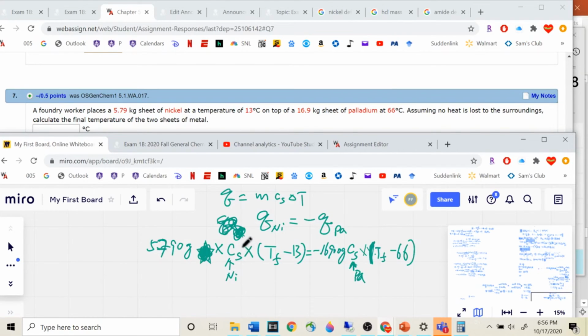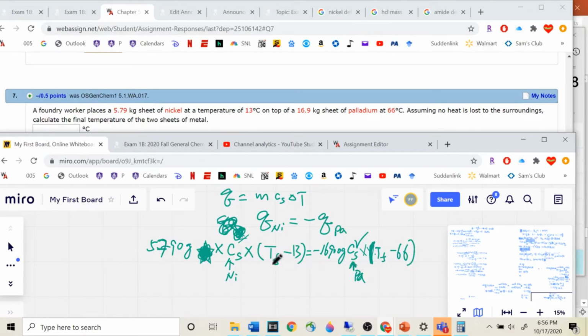Now for the specific heat capacity. They are not given in this problem. In that case, you can just simply Google and find them out. So therefore, those Cs values should be available, becomes known. So then the only unknown in this equation here is Tf.